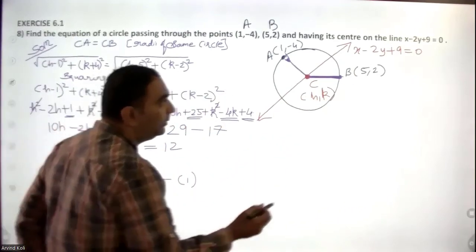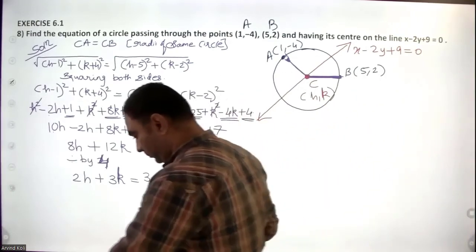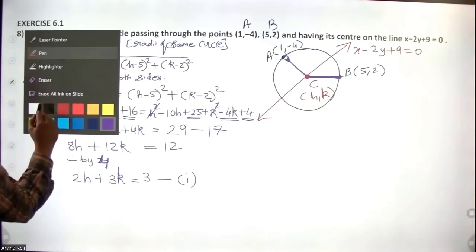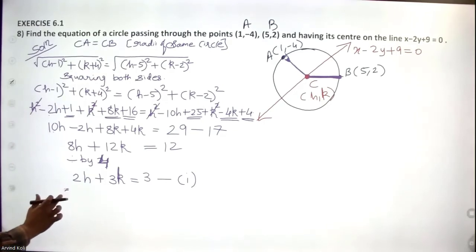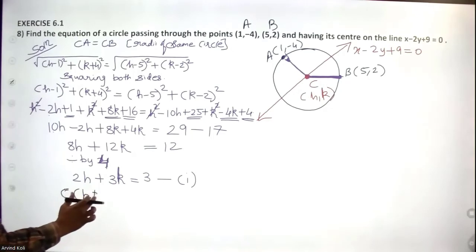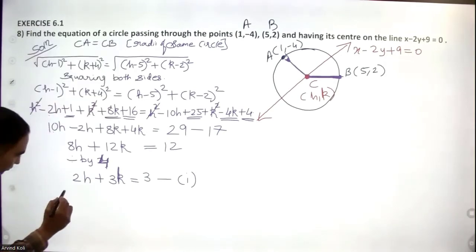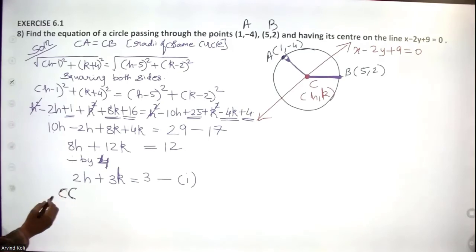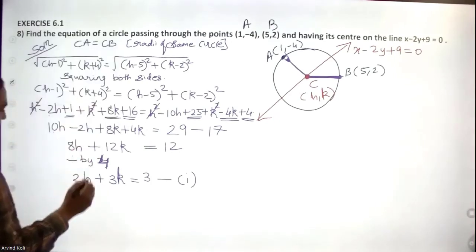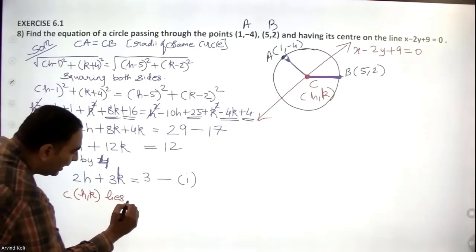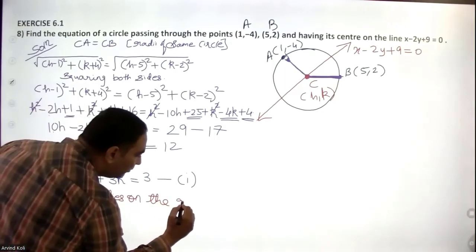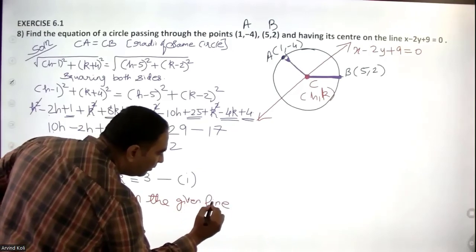So now I'll say over here, C h comma k lies on the given line.